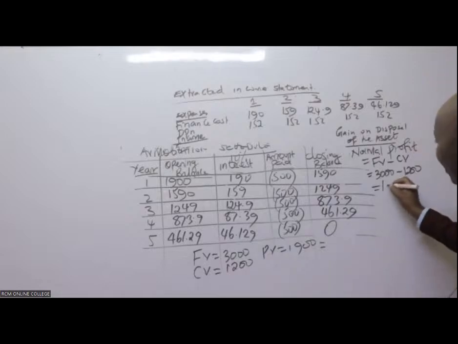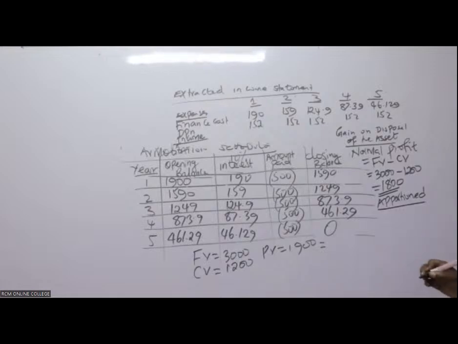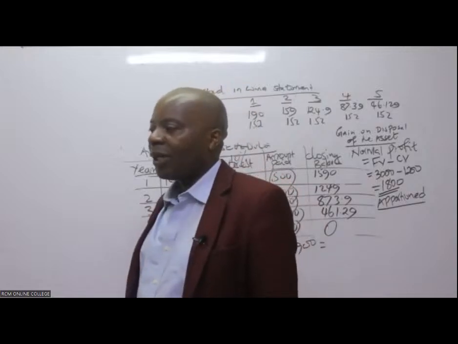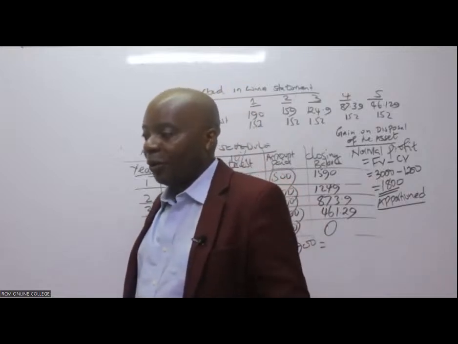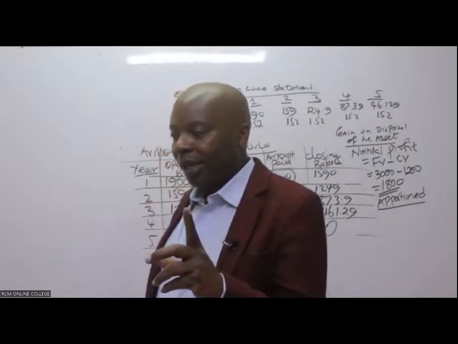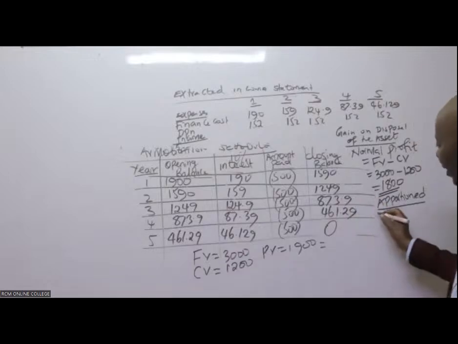But now remember that this 1,800 must always be apportioned. What criteria am I going to use to apportion? If you remember, ladies and gentlemen, we have our apportionment formula. Not many students remember it.